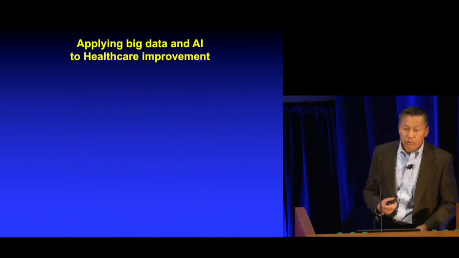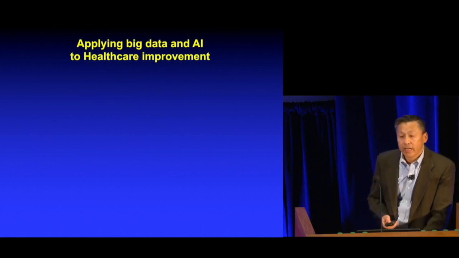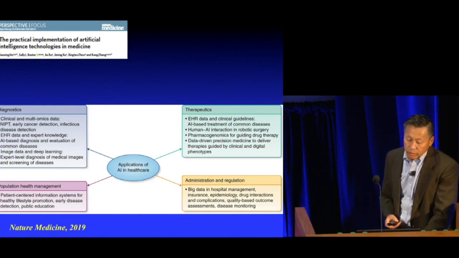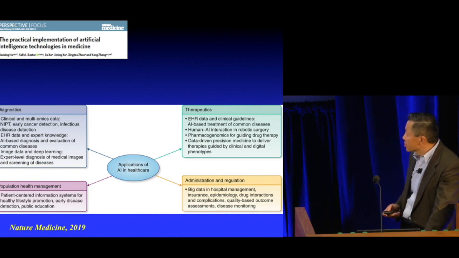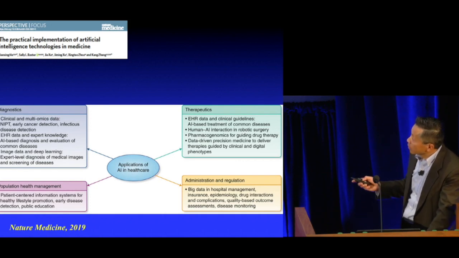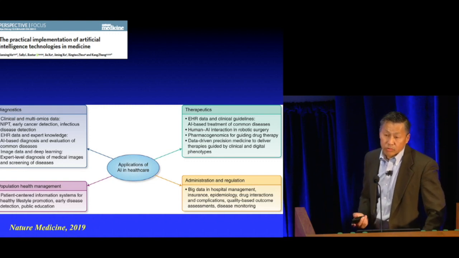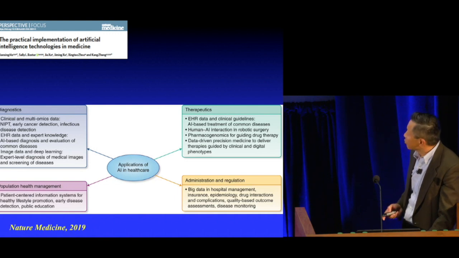So I'm going to switch gears and tell you more about how we use big data and artificial intelligence to improve health care. This is a review we wrote, and you have heard so much about AI and its applications. What we envision is that right now we're mostly in this corner here, doing a lot of diagnostics. We're hoping that many strategies and applications can be used to impact how we prescribe drugs and how we monitor patient disease progression longitudinally.